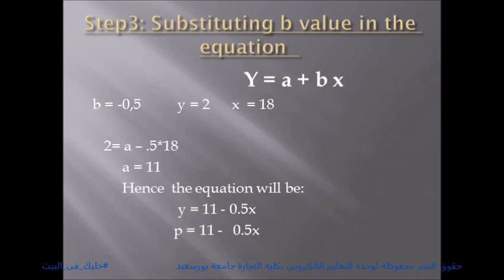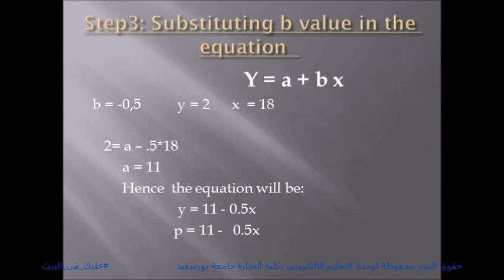Step number 3, the last step in our example, substituting the value of b in the equation y equals a plus bx, where b, calculated as the slope, equals minus 0.5. We have y equal to 2 and x equal to 18. We can use any point in the schedule given in the example; the same result will be reached by using any of the coordinates provided.